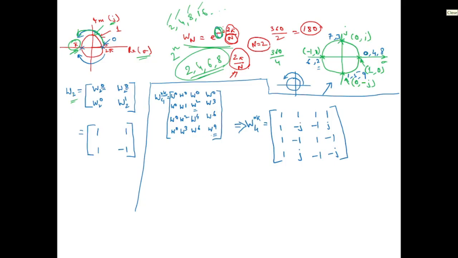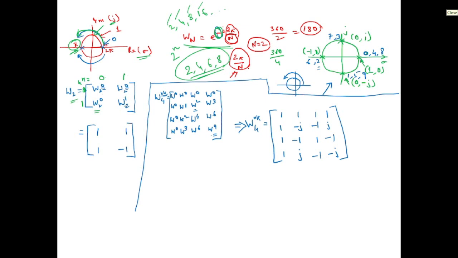So if you look into the twiddle factor matrix, we will be having n equals 0, 1 and k equals 0, 1. So this is W_2^0 multiplied by 0, and 0 multiplied by 1, W_2^0. Similarly, this one will be also W_2^0, W_2^1.